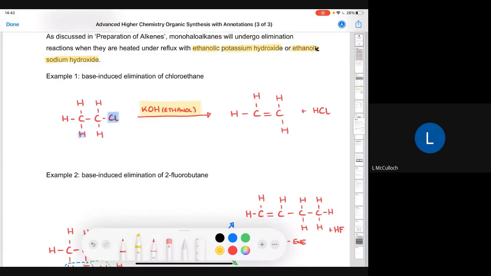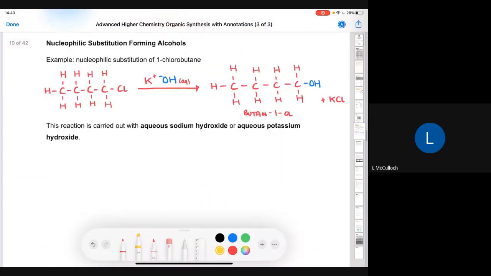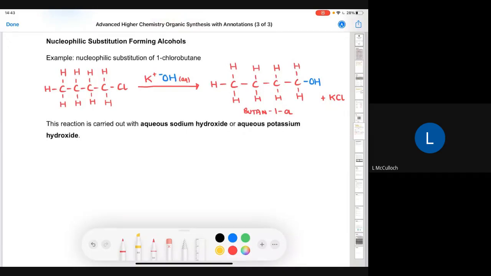And the difference between dissolving potassium hydroxide in ethanol versus water is the difference between turning your monohaloalkane into an alkene or into an alcohol. So you get very different products there. Okay, so that's our little example of how we can form an alcohol.